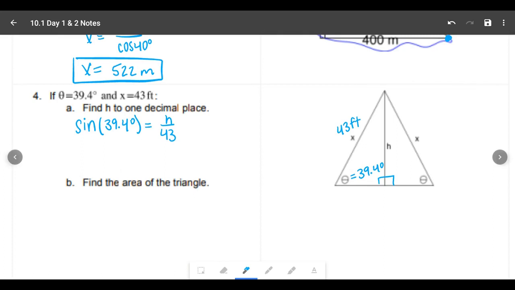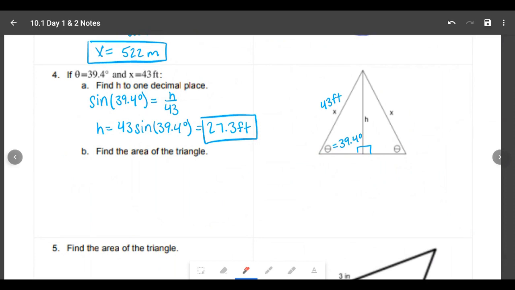And so when I solve for h, I can plug this into my calculator and get that h is roughly 27.3 feet.